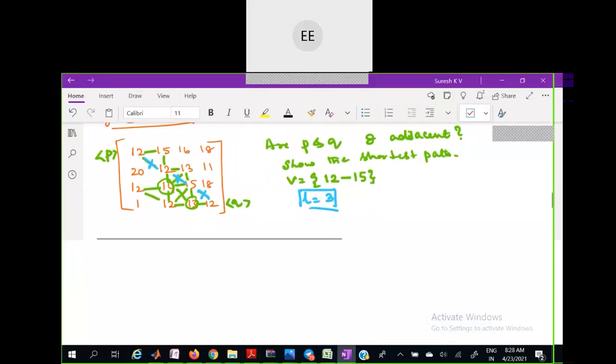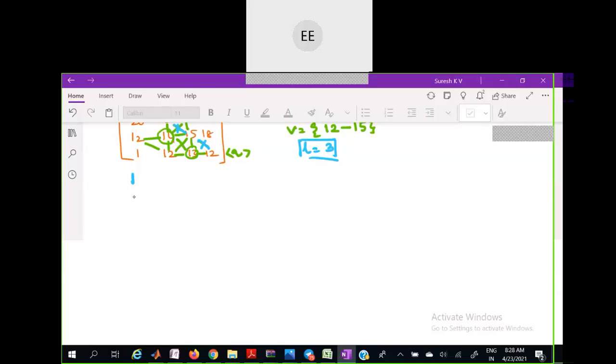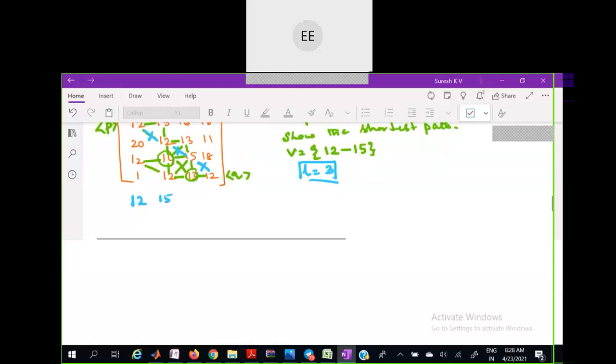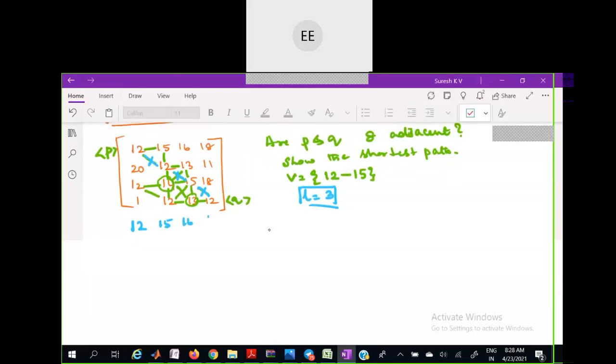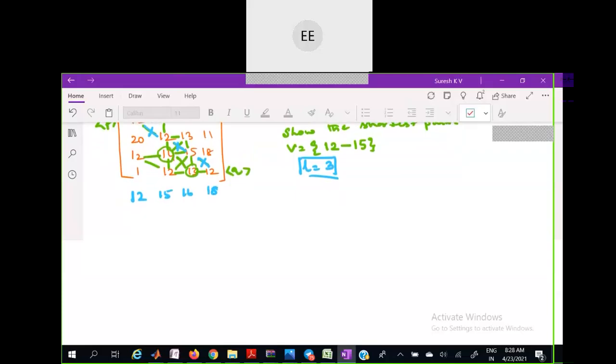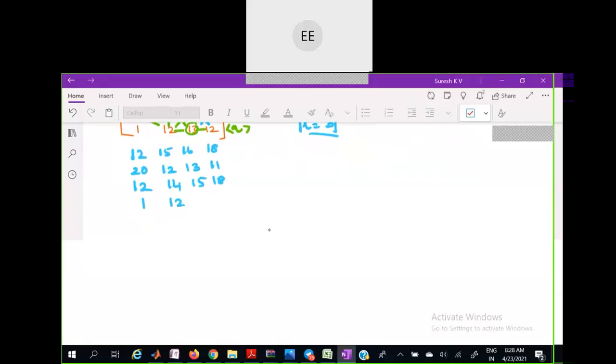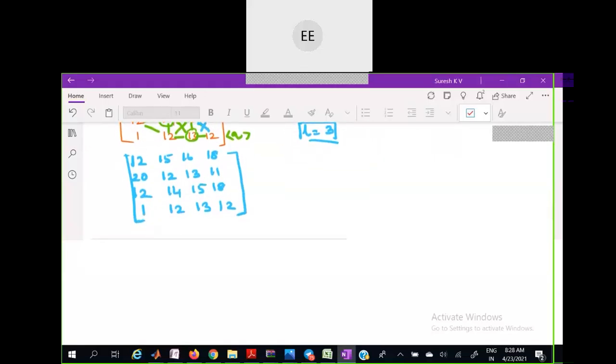Okay, I'll just rewrite it here only. 12, 15, 16, 18, 20, 12, 13, 11, 12, 14, 15, 18, 1, 12, 13, 12. So we will take the same example just to see that it won't have any ambiguity. Then try to use the condition.